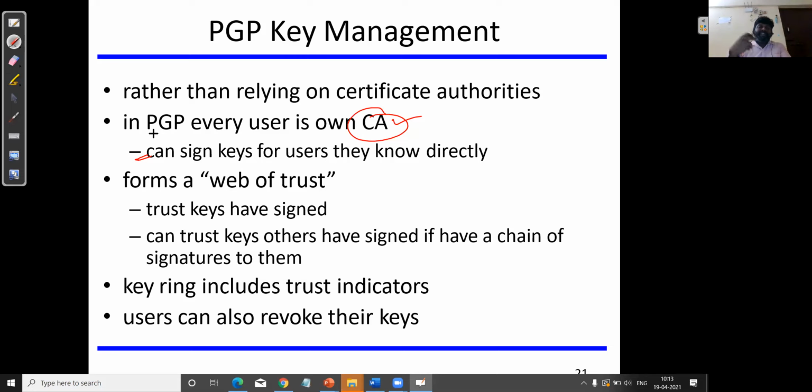If the public key is generated by themselves, they assume they are their own certificate authority, and then they share the certificate with other users, right? Again, there is the web of trust, where keys are signed with respect to trustworthiness. Can I trust keys others have signed if I have a chain of signatures to them? Also, the key rings include trust indicators, and users can also revoke their keys.